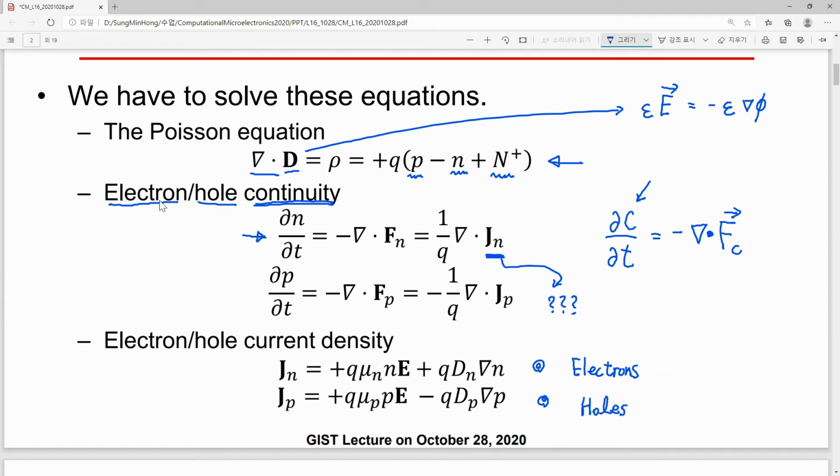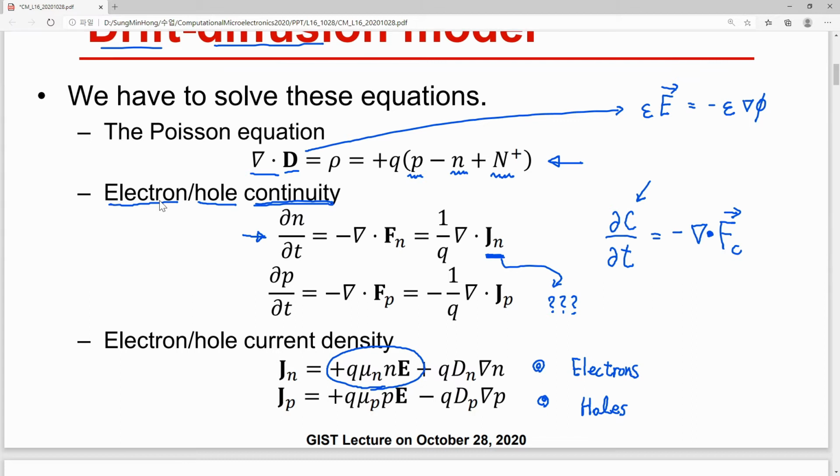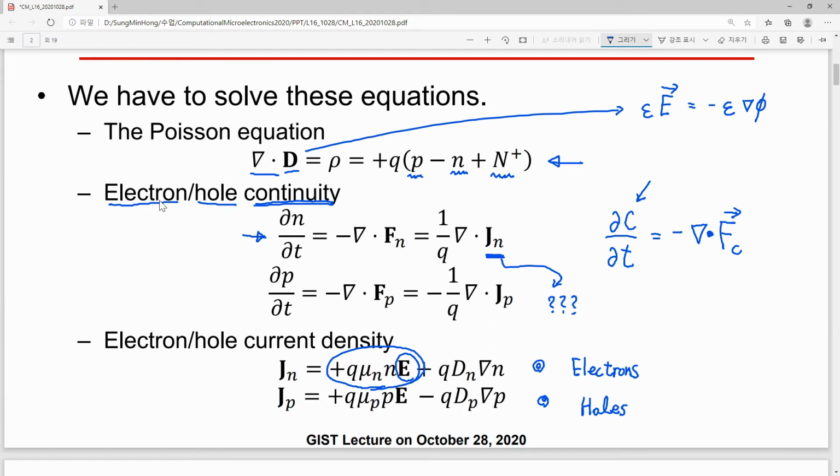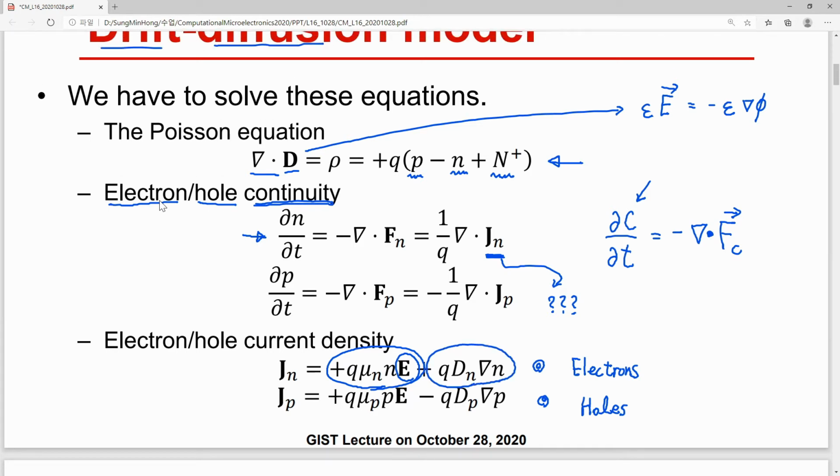As you can see, these expressions contain 2 terms. The first one is directly proportional to the electric field, so this term is commonly called the drift term. And the second term is related to the gradient of our carrier. So this is the diffusion phenomenon, and the second term is called the diffusion term.